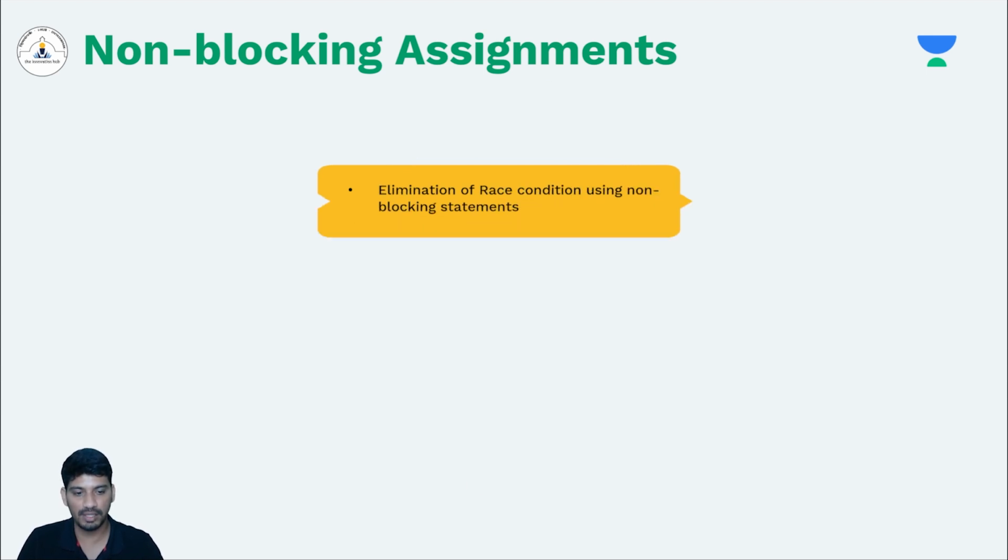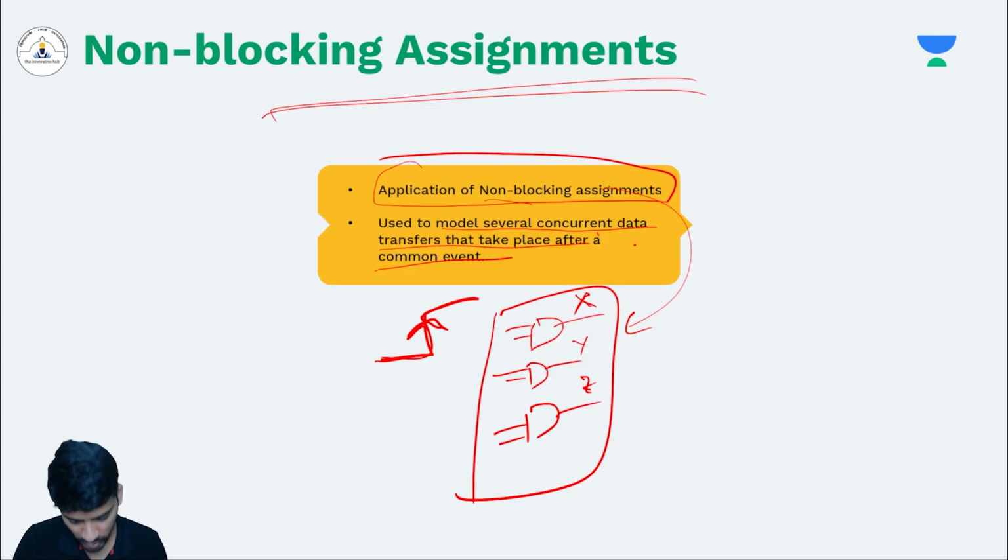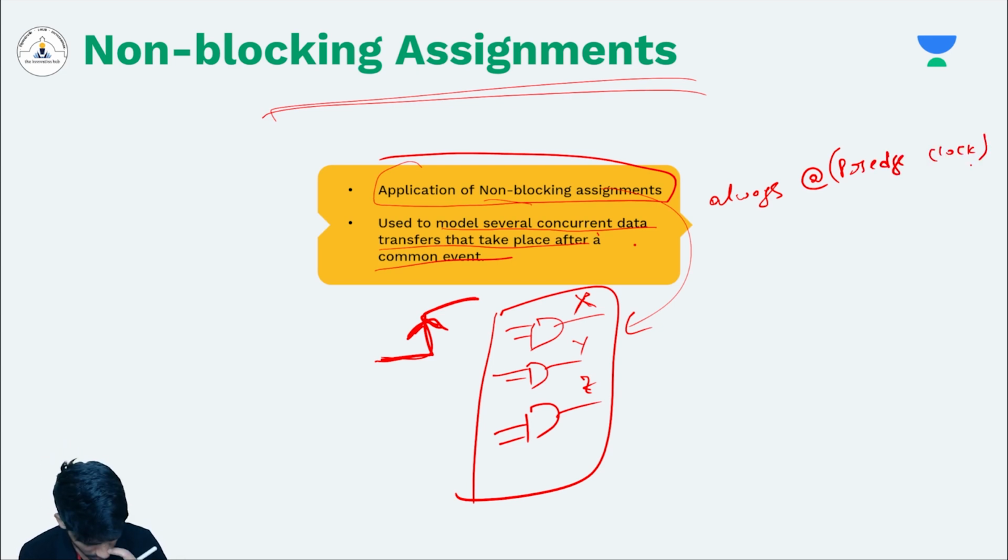Let's take an example of non-blocking assignments. Let's say I have always at the posedge clock. I will explain what this posedge clock is in the coming slides. Always at the posedge clock, I want these three different statements.